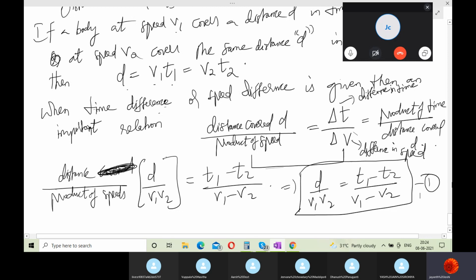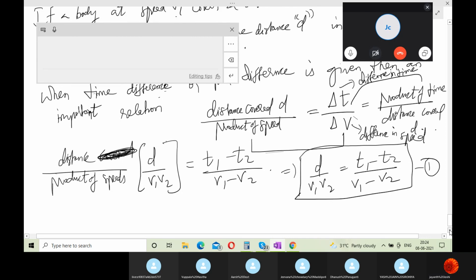Formula number two, very simple. You can use these two also as a relation. How?